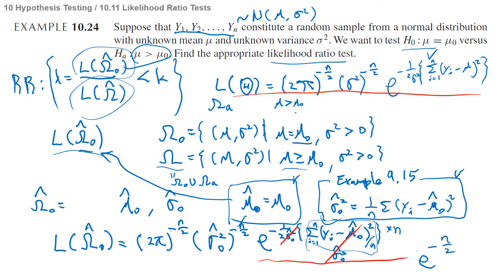So this becomes (2 pi) to the minus n over 2, sigma 0 square to the minus n over 2, and e to the minus n over 2.